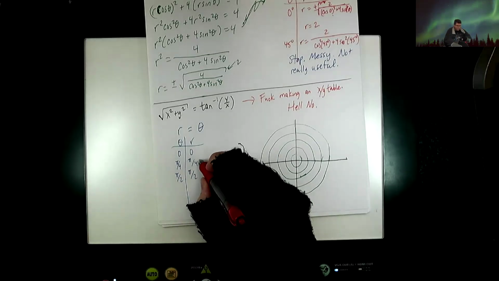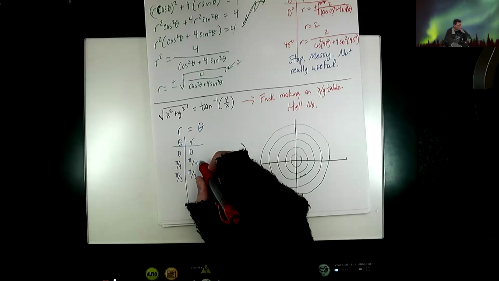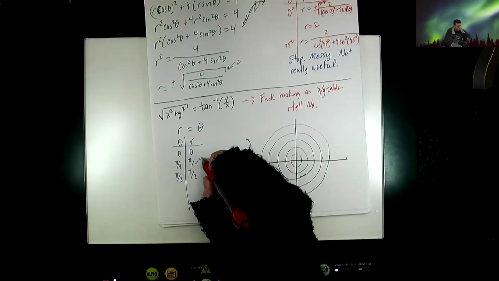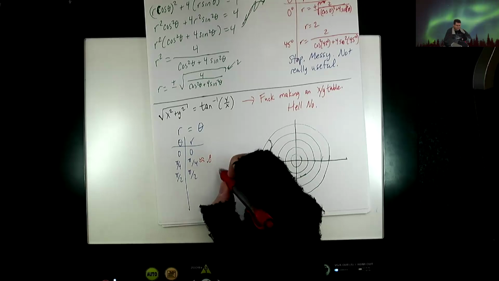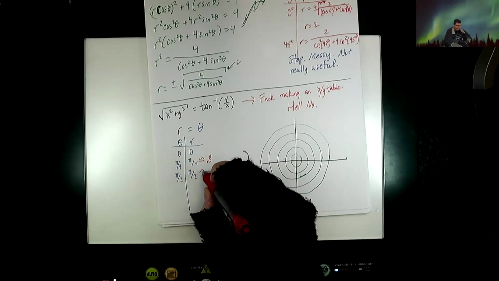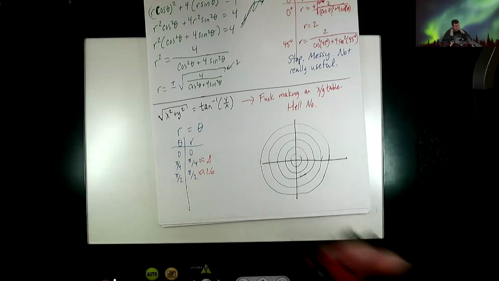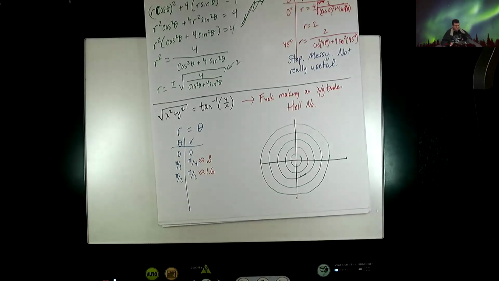Pi over 4 is, like, about 0.8. This is about like 1.6. I'm doing some serious rounding here. But we're not getting precise, we're just trying to figure out where it goes.